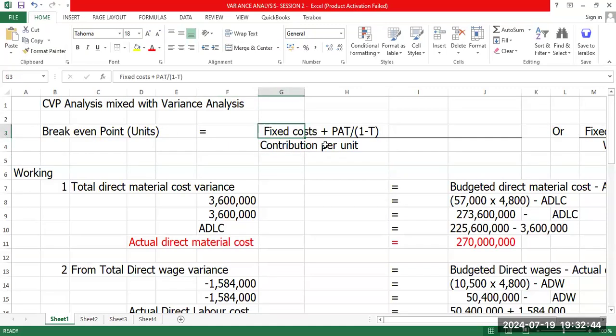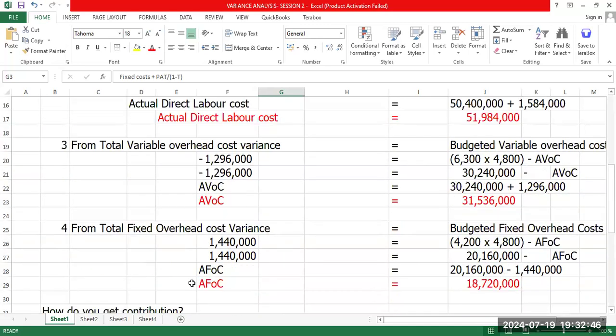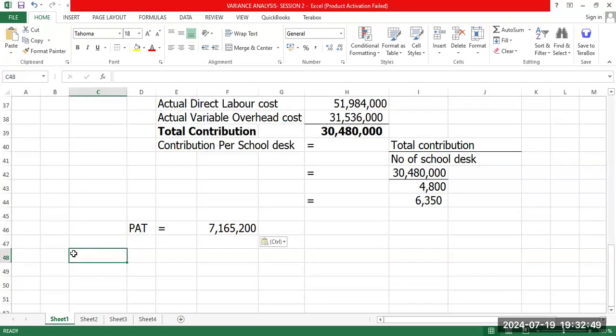Our formula is this one. We just substitute. Now what is our break-even point?